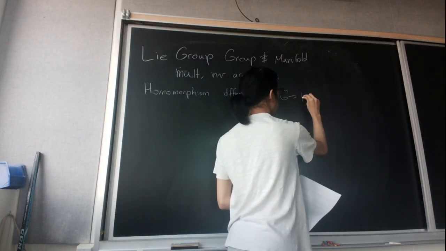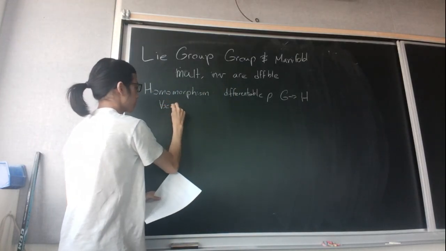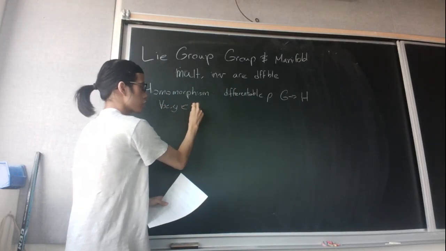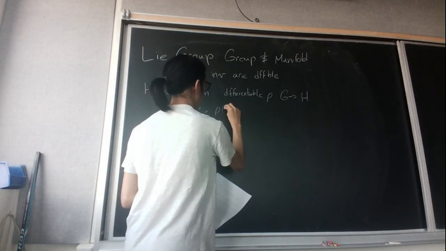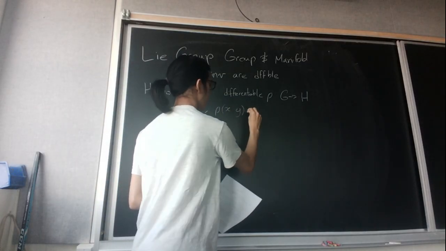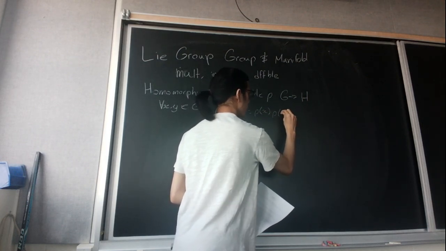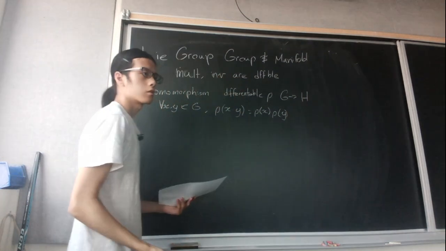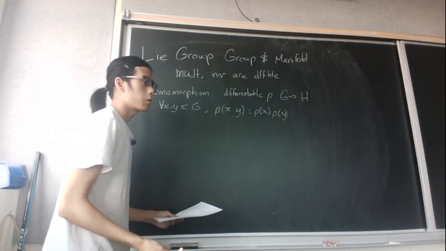So between Lie groups G and H, such that for any two group elements g in G, we have this property, where it doesn't really matter if you multiply before or after. This should all be familiar. Okay, so that was a review of things we already know.